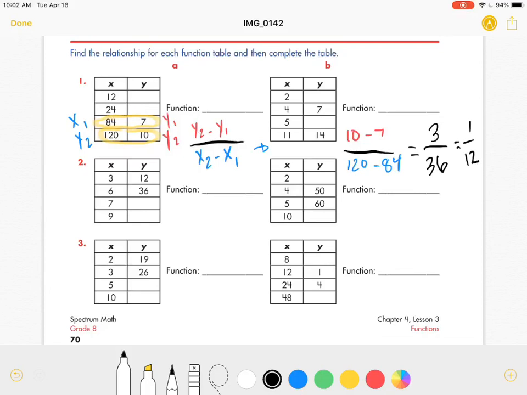Okay, so now I've got my rate of change figured out. I know that the m in my y equals mx plus b function is going to be 1 over 12. But now I have to solve for what b is going to be. So if you need to pause and write some of this work down, go ahead and do that, but I'm going to erase it so I have some more room on my page to work.